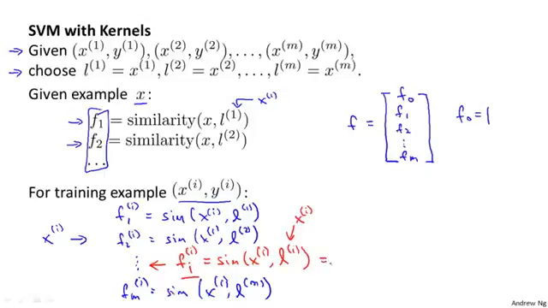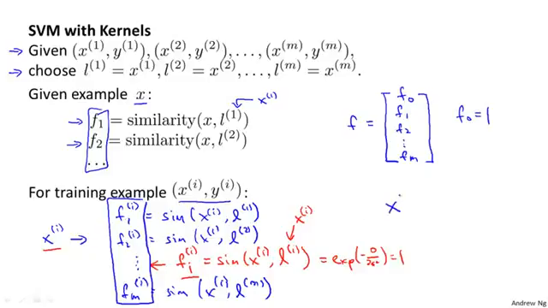And if you're using the Gaussian kernel, this is actually e to the minus 0 over 2 sigma squared. And so this will be equal to 1. And that's okay. So one of my features for this training example is going to be equal to 1. And then similar to what I had above, I can take all of these m features and group them into a feature vector.